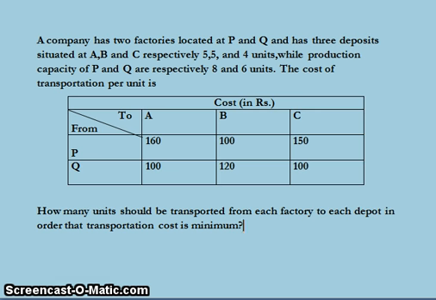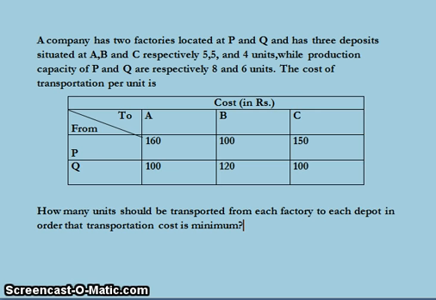Now here we have to find the units that must be transported from each factory, that is P and Q, to each depot, that is A, B, and C, in order that the transportation cost is minimum. Now we take a look at the table given. Here we have the cost of transportation from factories P and Q to depots A, B, and C. From P to A, the cost of transportation is 160.